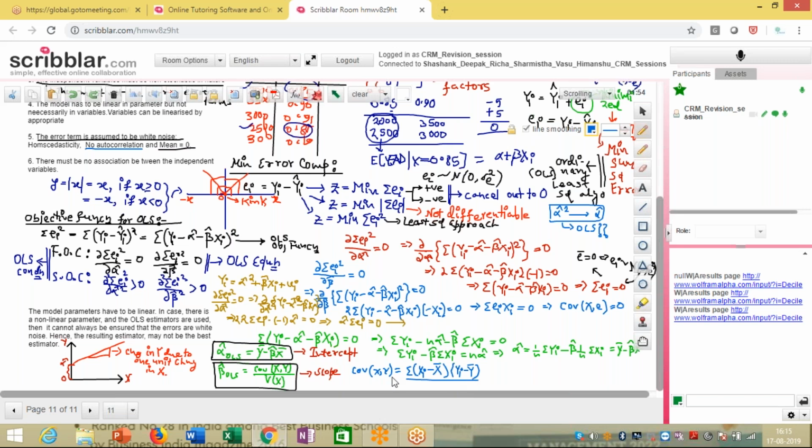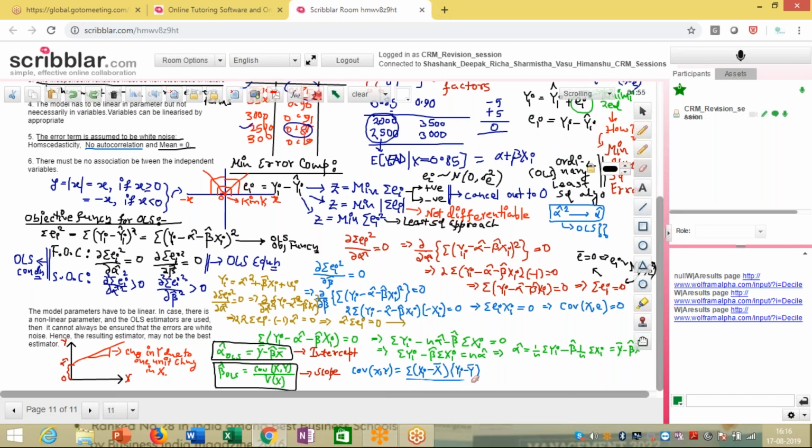Now, how do I say how much this total change has been, because this is an absolute number. So what I say over here is that with 1 unit change in x, what is the change in y? So first of all, I must have a measure of variation in x.